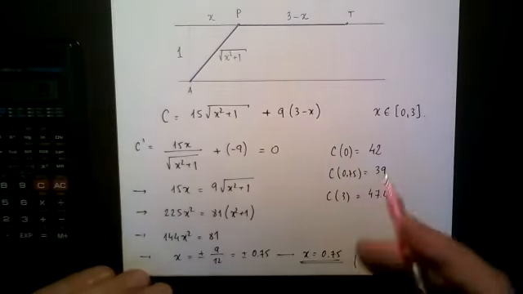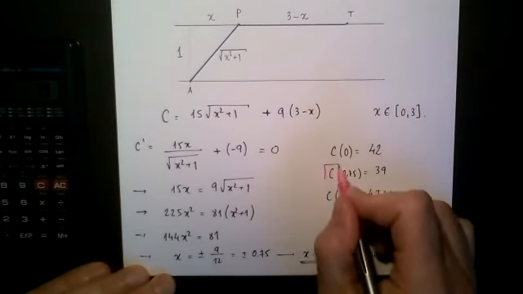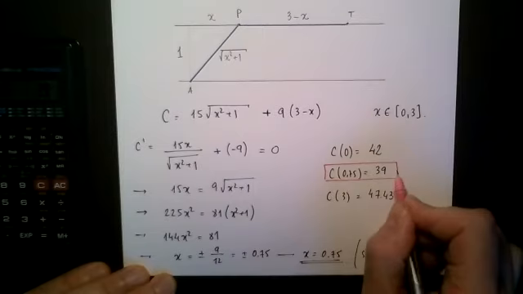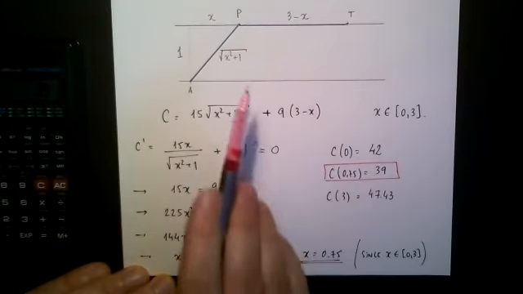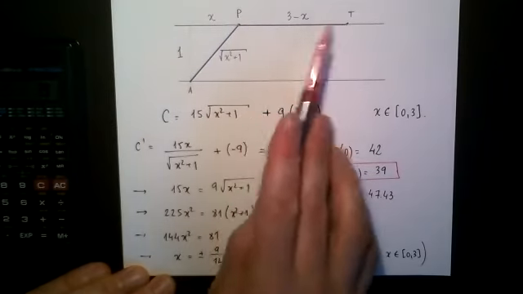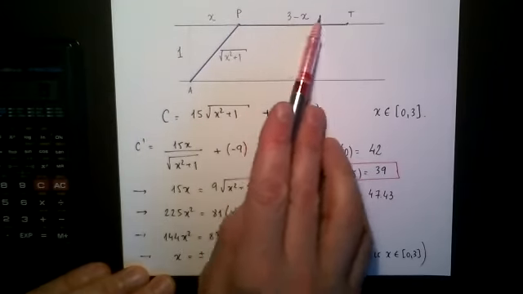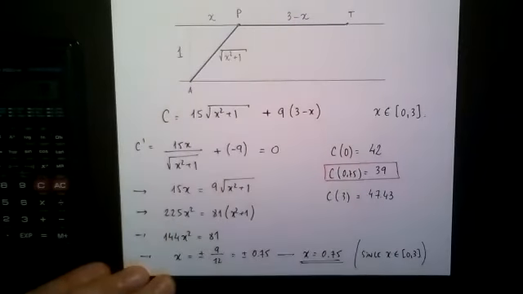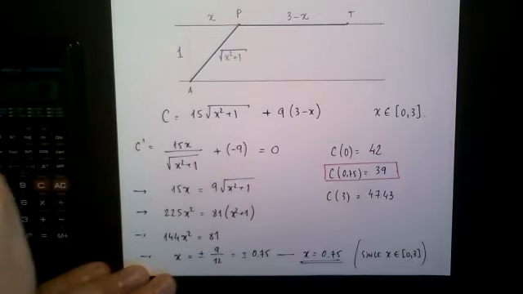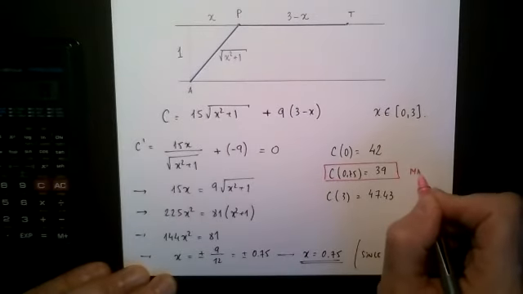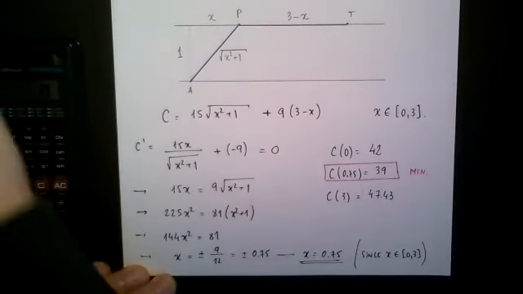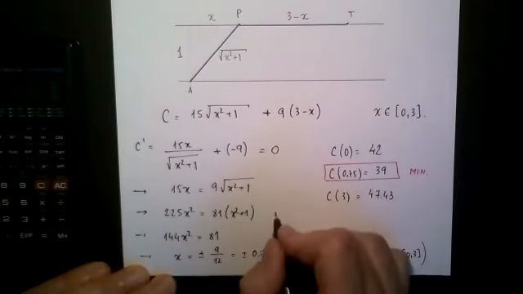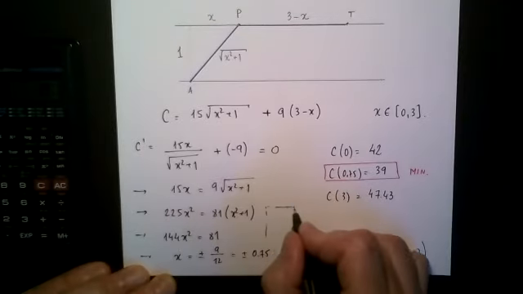Okay, so the minimum cost occurs when x is 0.75, which means that P and T are 3 minus 0.75, so 2.25 away. Okay, we're just going to put it here, the answer.